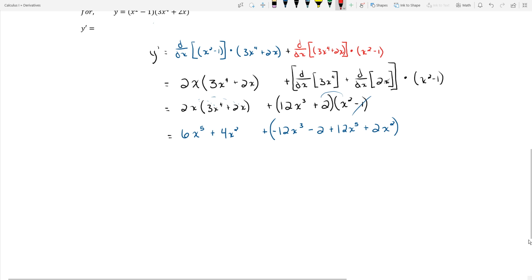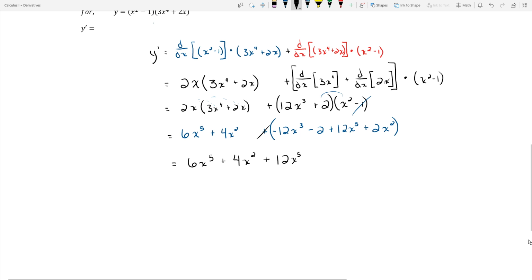So we can combine like terms within this as well. We can see that there is a way to rewrite this from highest power to lowest power. So let's go ahead and rewrite this. We're going to end up with 6x to the fifth plus 4x squared, plus 12x to the fifth.